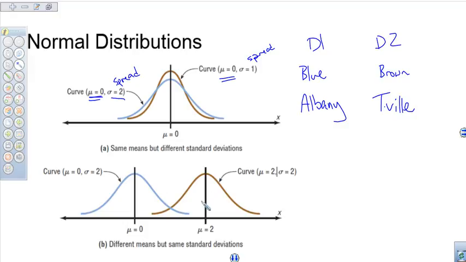Then you might have a situation where you have completely different means. This one has a mean of 0, this one has a mean of 2. It moves it completely, but you'll notice their standard deviation, the spread, is exactly the same. So the normal distribution curves look exactly the same, but they're in two different spots because their means are different.